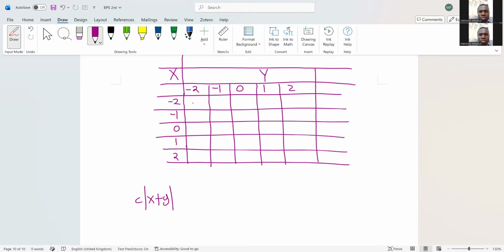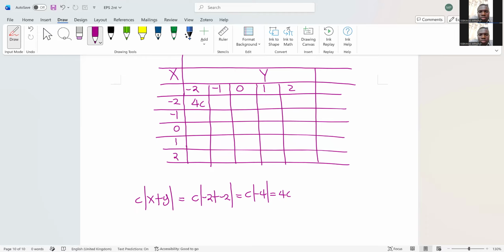So for that first entry, I have C times the absolute value of -2 plus -2, which is C times 4. The absolute value is just there to make a negative value become positive, so the answer becomes 4C.